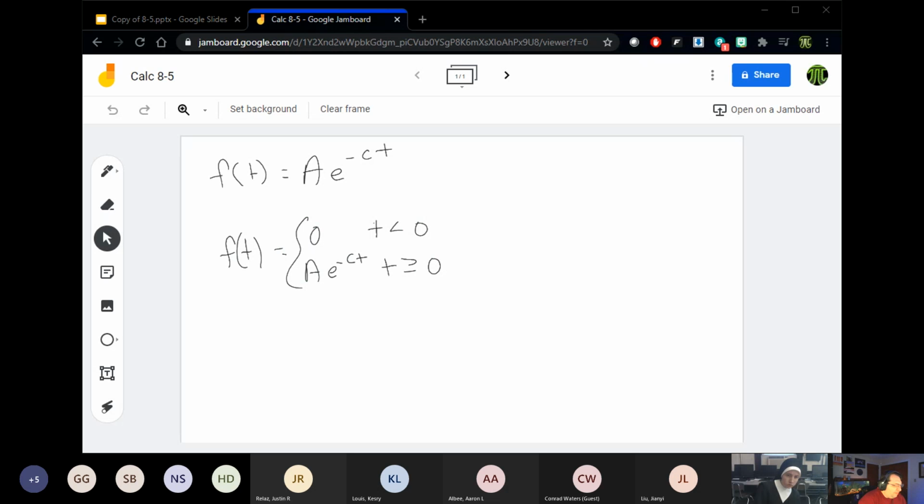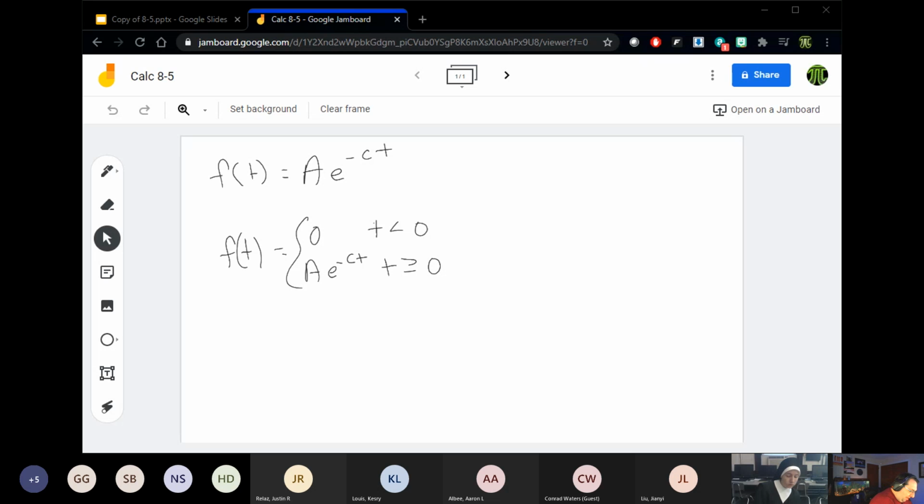All right, so everybody understand why that's a decreasing exponential function? The negative sign there makes it a decreasing function. So now we've got to figure out what a is. We'll figure out that piece first. I know that if this is a probability density function, the integral of it has to equal 1.